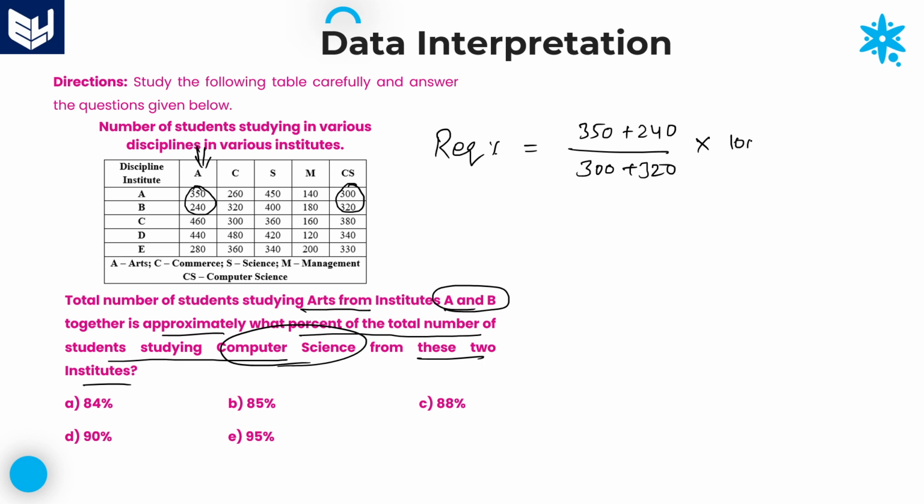And whenever you are calculating a percentage, times 100, the percentage symbol is the common thing. Required percentage value: here the numerator is 590 and the denominator is 620, times 100. Here 0, 0 gets cancelled, and next you can cancel with the 2 table: 31, and this is 50.